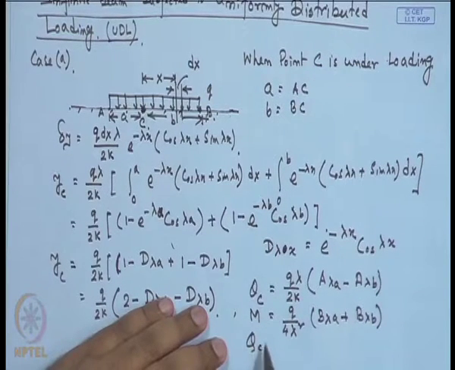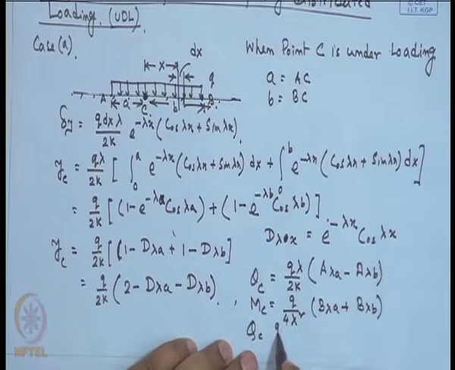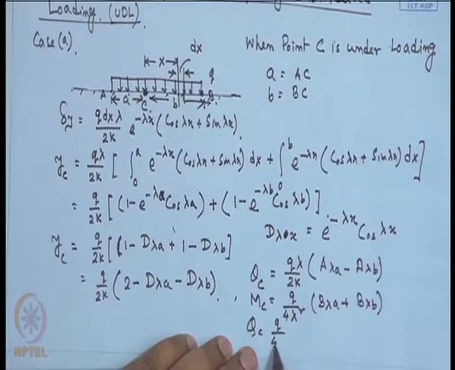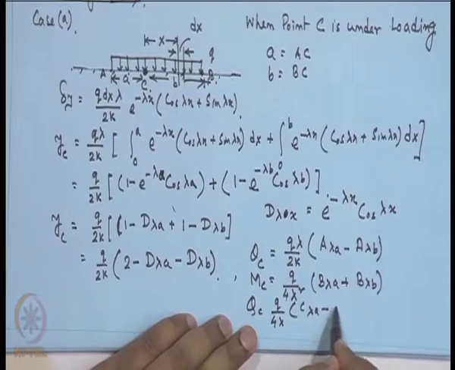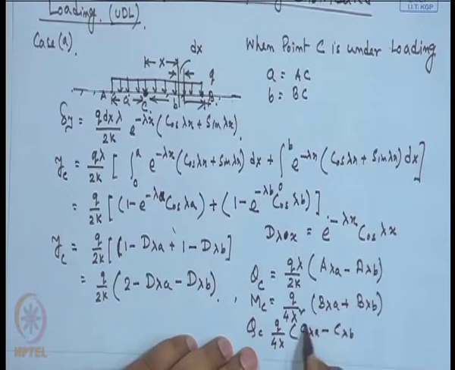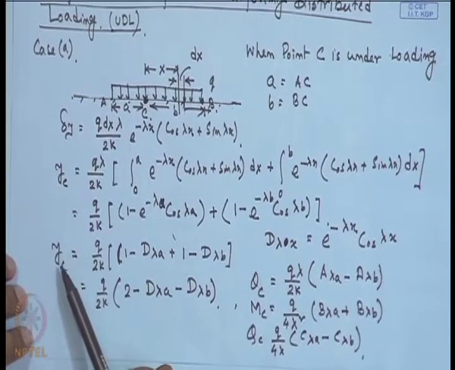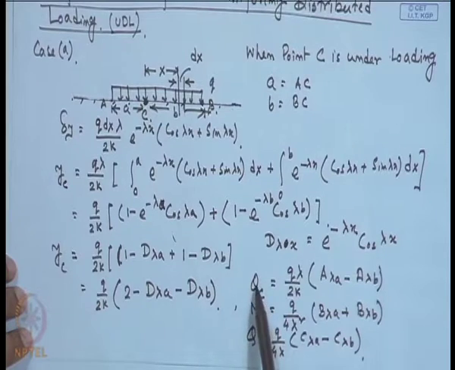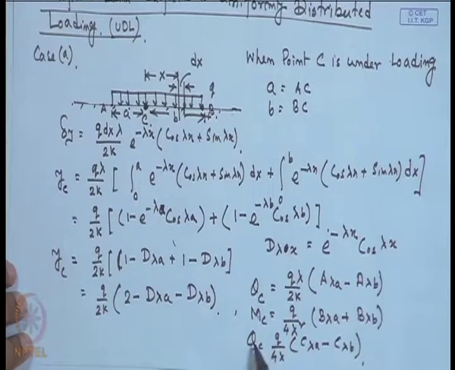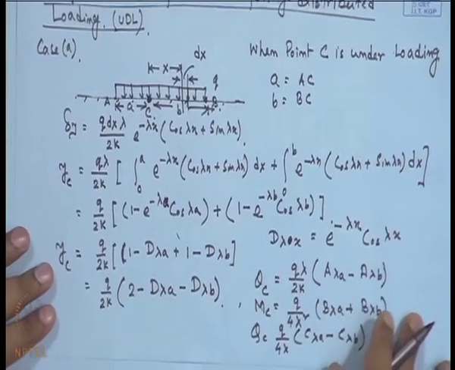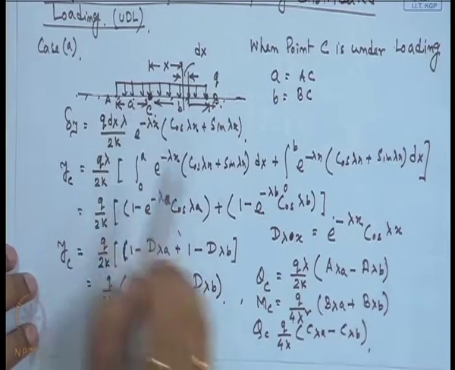Similarly, the shear force at point C, Q, will be q divided by 4 lambda into C lambda a minus C lambda b. So, these are the 4 expressions: deflection, slope, moment and shear force at point C. This is case 1, where point C is within the loaded region.